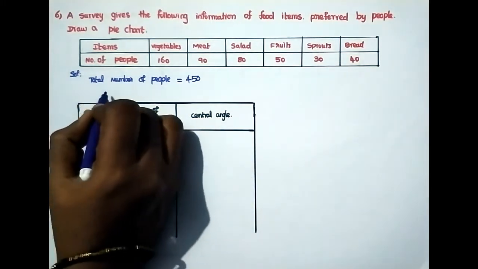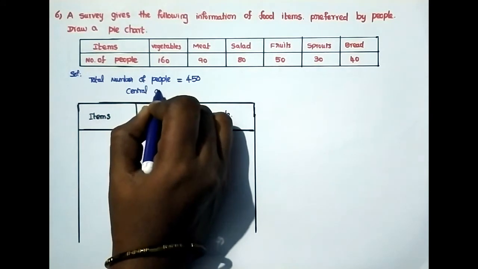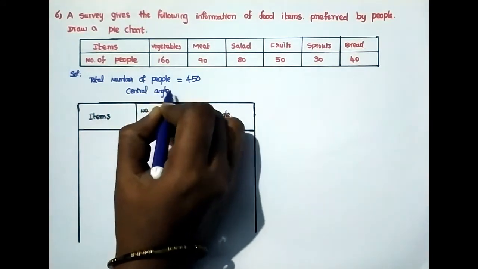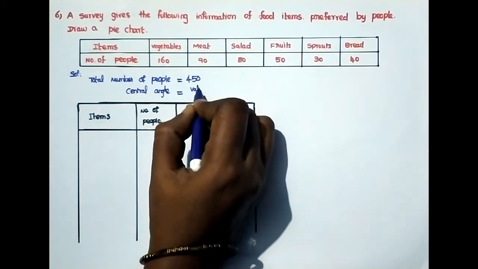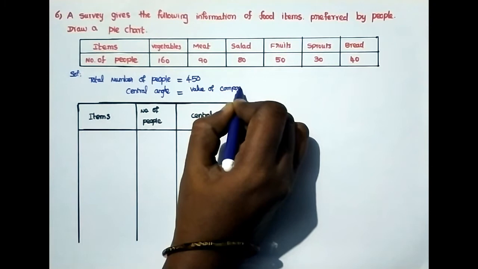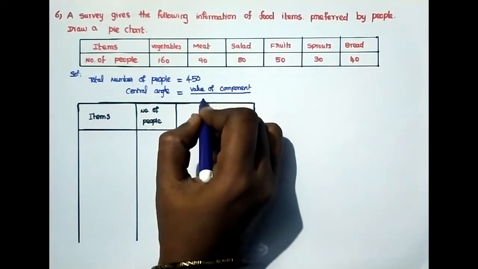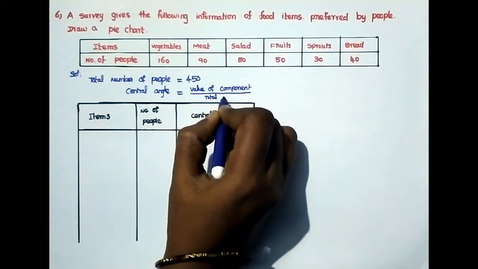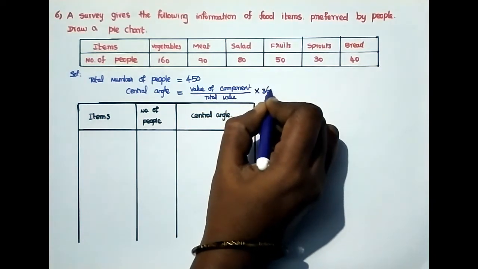And then what is the formula for central angle? Central angle equals value of the component divided by total value into 360.